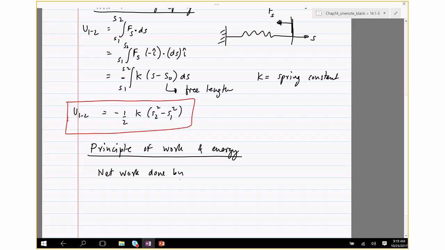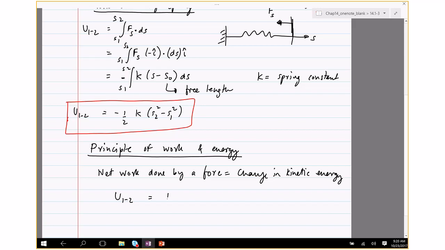So the net work done is U12. So this could be a problem where there's spring force, there's gravitational force. All those forces should come in there. You should write those down on the left hand side. So that's equal to half mv2 square minus half mv1 square.